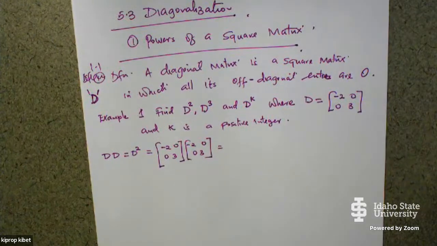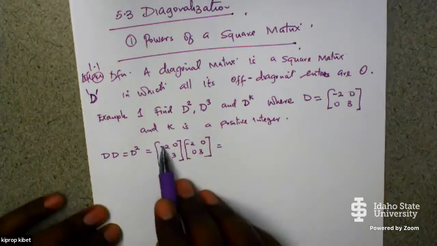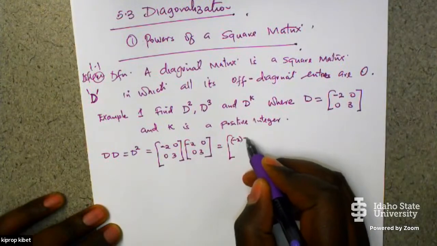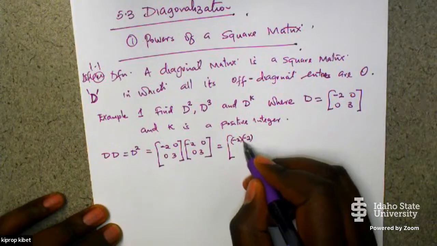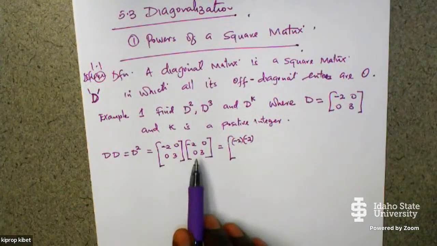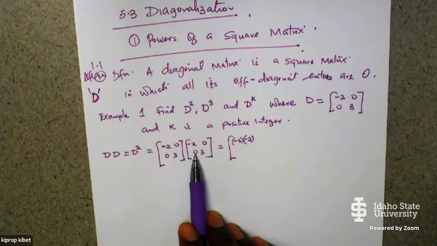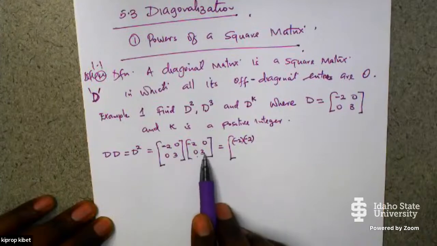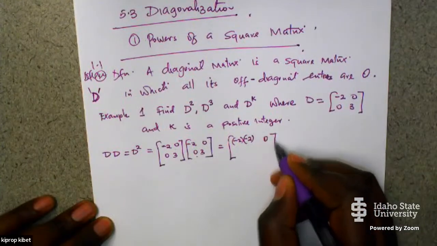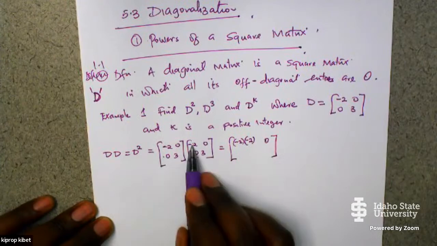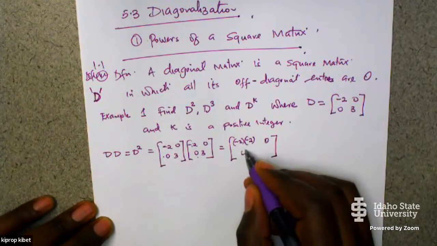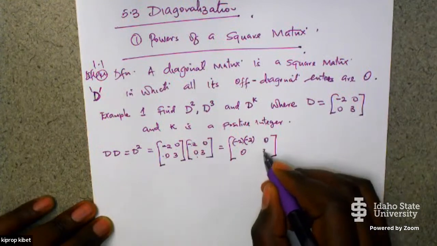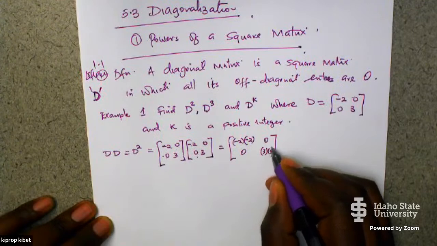The first entry is -2 multiplied by -2 plus 0, the next is 0, the next is 0, and the last is 0 plus 3 multiplied by 3.